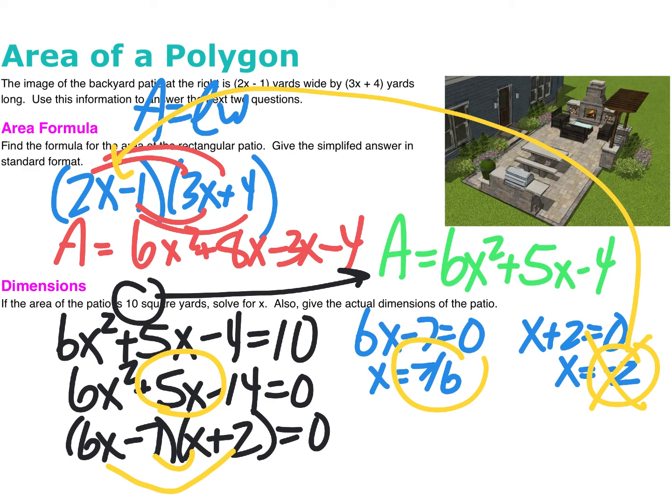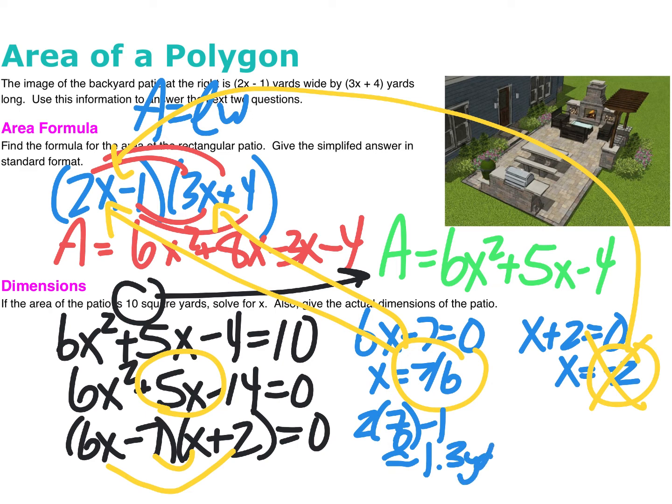Now, they do want us to find the dimensions for this one, so let's take the 7/6, put it into here to get the final width, and 7/6 in here to get the final length. As I do the 2 times 7/6 minus 1, as a decimal, I'm going to simplify that. It's going to be approximately 1.3 yards.